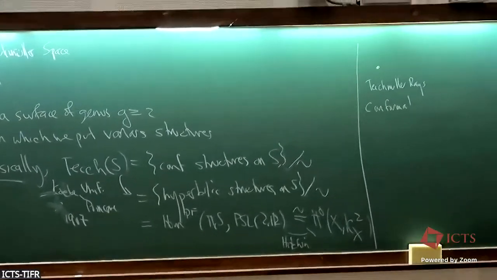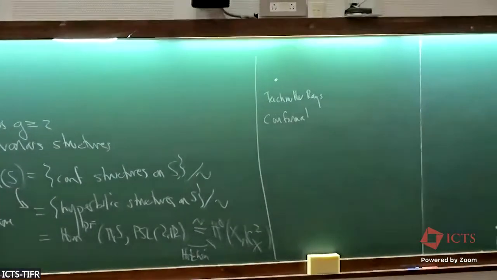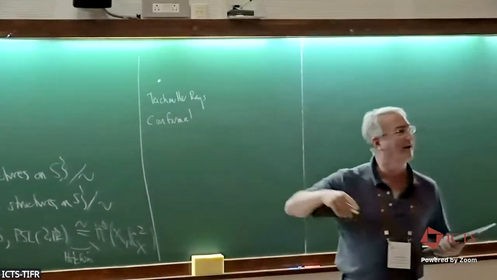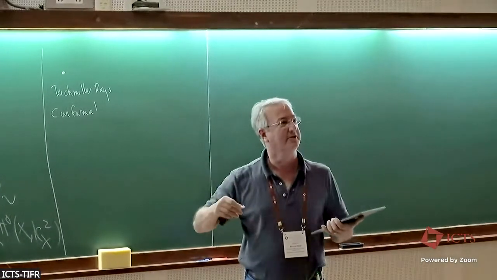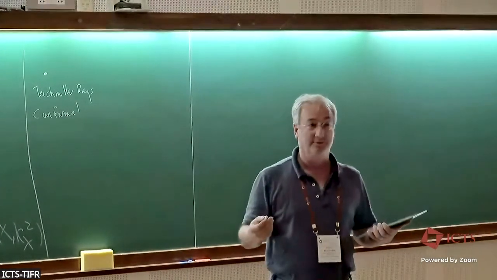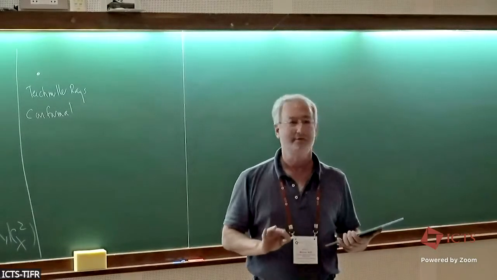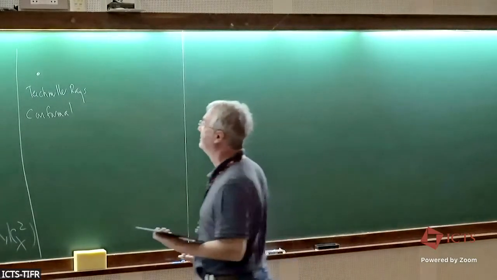I don't know if this has actually been developed in the past couple of weeks, but it's classical. We have Teichmuller maps, Teichmuller differentials, and from a Teichmuller differential, one has Teichmuller rays. I'll say more about that in a moment, just in case it hasn't been discussed.